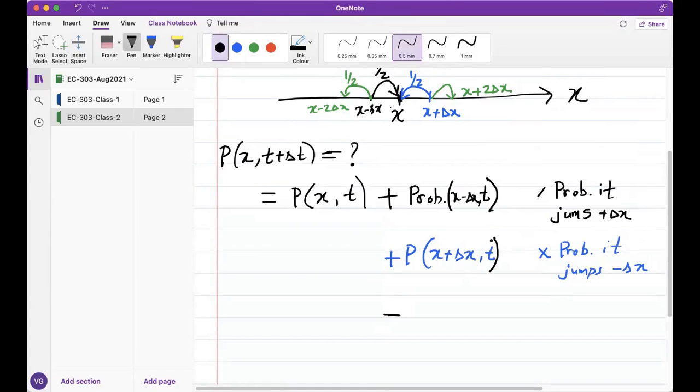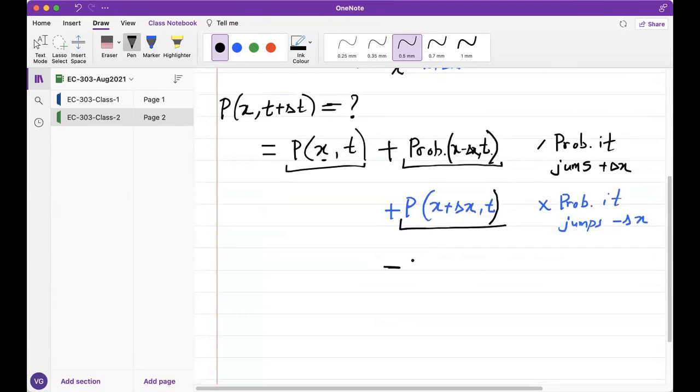At time t, there are 3 possibilities. The animal was already present, that is this. The animal was at a left location and it jumped, that is this. The animal was at the right location and it jumped towards x, that's this. So this has to be t, not t minus delta t. And what's the last thing?